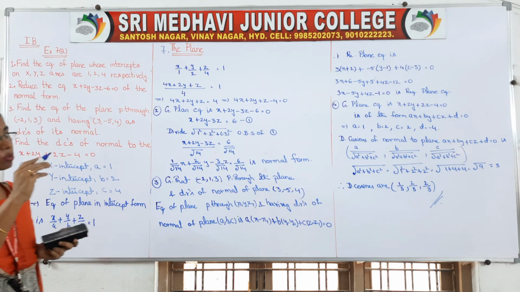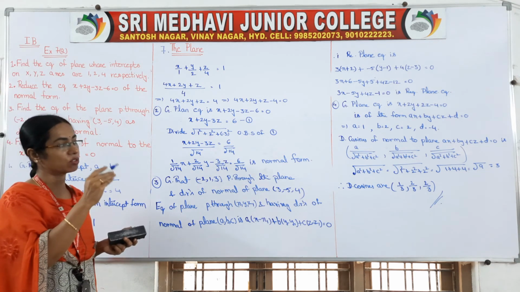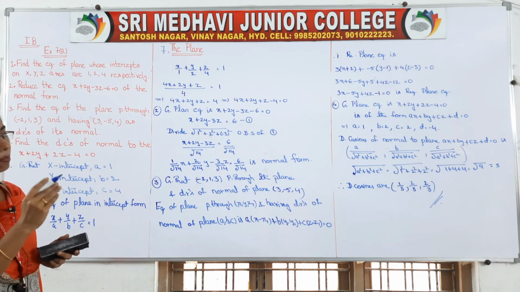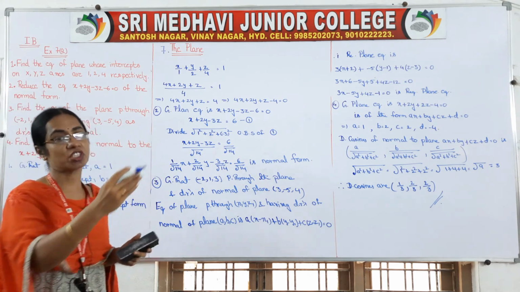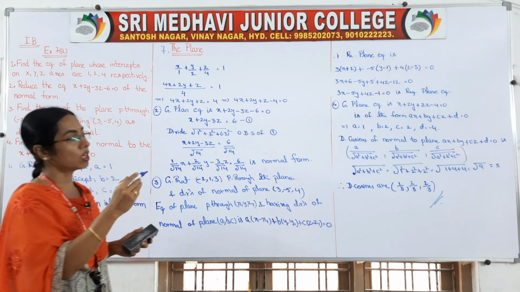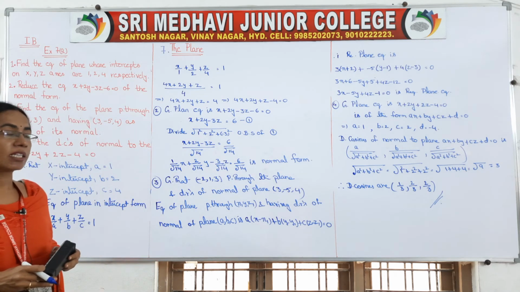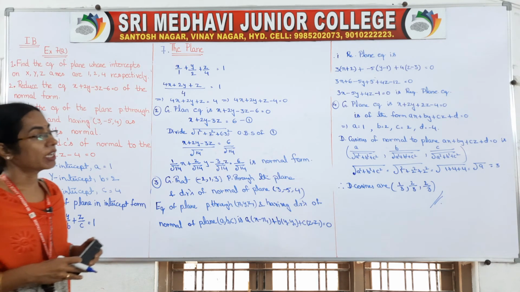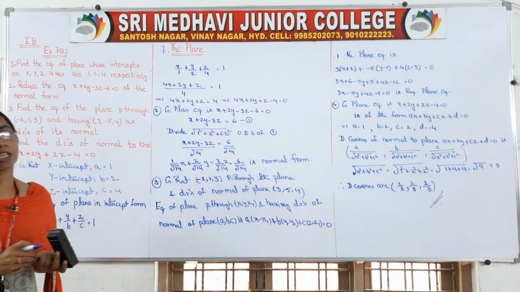The direction cosines of the normal to the plane are a by root of a square plus b square plus c square, and so on. By comparing the plane equation with the general equation, we already know a, b, c, d. So, you find the value of root of a square plus b square plus c square, which is root 9, that is 3. Then you take the direction cosines a by that, b by that, c by that.